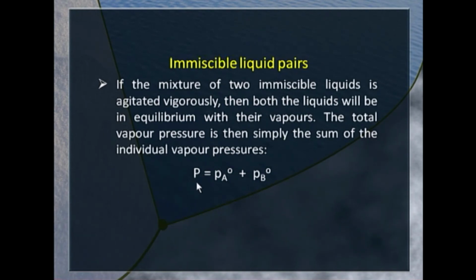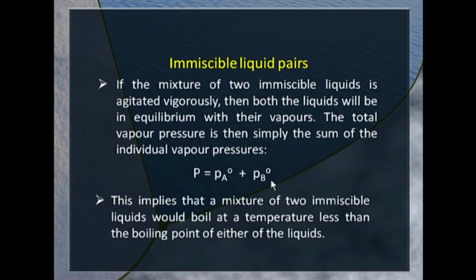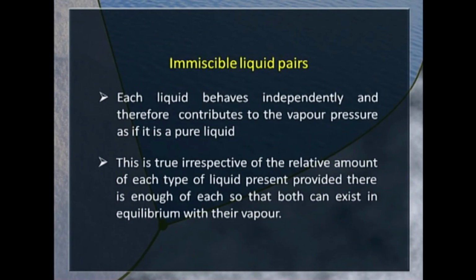That means P is equal to PA naught plus PB naught. It implies that such liquid mixtures will boil at a temperature which is lower than the boiling point of either of the liquids. So, each liquid behaves independently and therefore contributes to the vapor pressure as if it is a pure liquid.